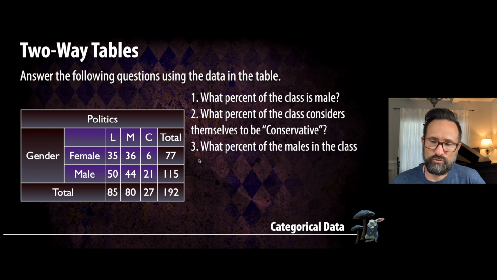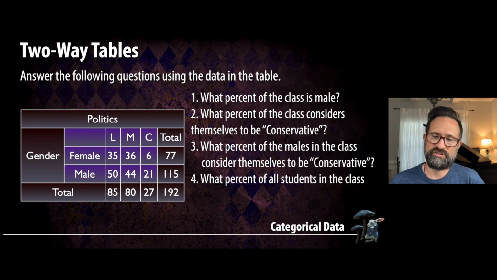And so this one changes a little bit. What percent of the males in the class? Instantly, I'm going to stop. I've now changed it where I'm not looking at the entire group anymore. I'm looking at a subgroup of my sample. We can do that because we have the data to separate our groups based on the responses they gave. And so here, we can look at males.